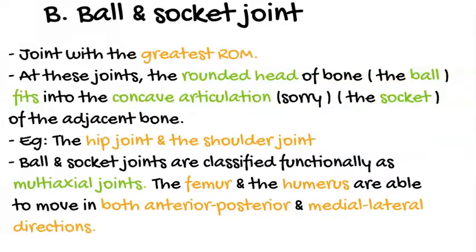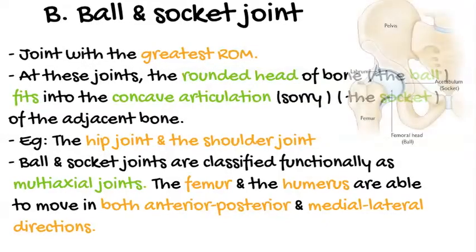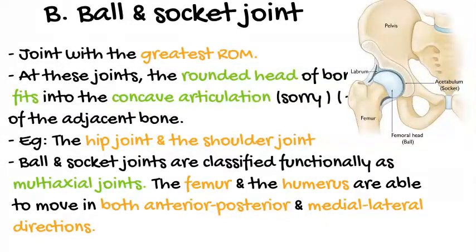Ball and socket joints are classified functionally as multi-axial joints. The femur and the humerus are able to move in both anterior-posterior and medial-lateral directions. This picture shows the hip joint as an example of a ball and socket joint.